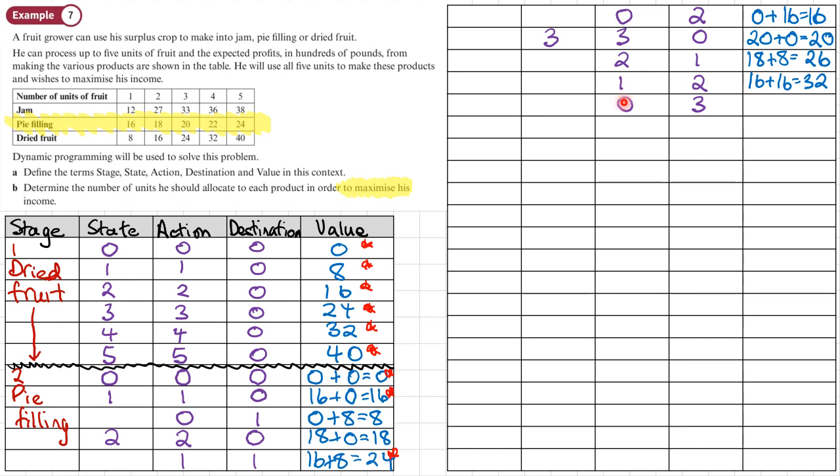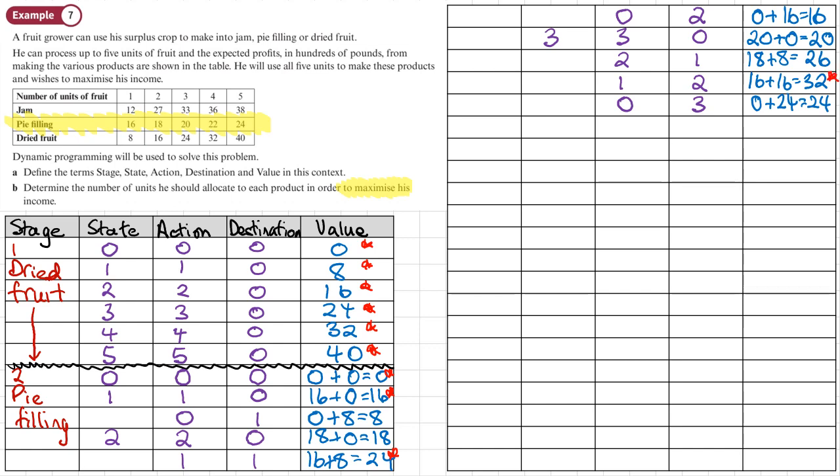Or I could use up none in this state of 3, which would be 0. And then pass on 3 to the next stage, which will be 24. So 0 plus 24 is going to be 24, and the highest of those is the 32.